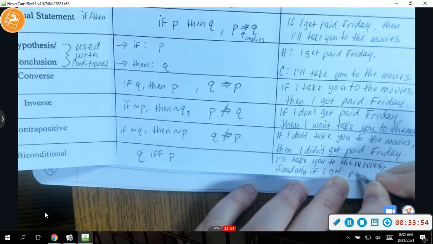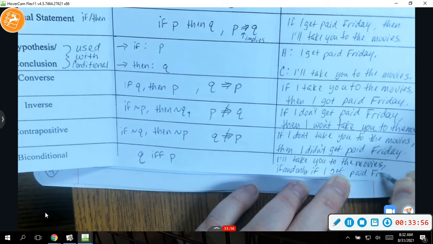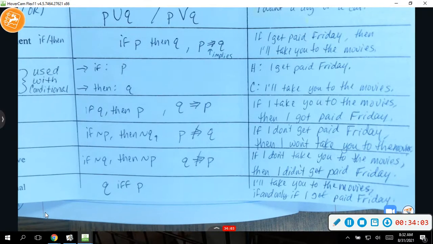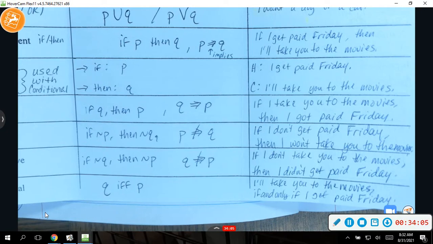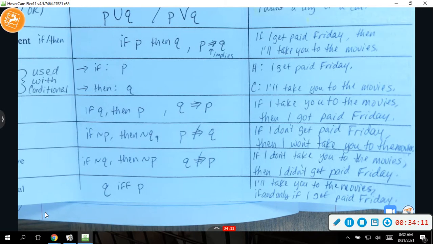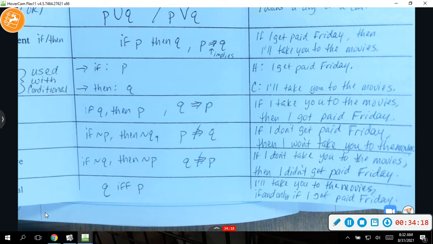Whenever we were talking about whether things were true or false, when I said the very original sentence, if I get paid on Friday, then I'll take you to the movies, a lot of us wanted to say that that meant if I didn't get paid, I wouldn't. And that's not what I said. But if I reword it like a biconditional, I'm saying both. That the only way you're going is if I get paid. If I don't get paid, you're not going.